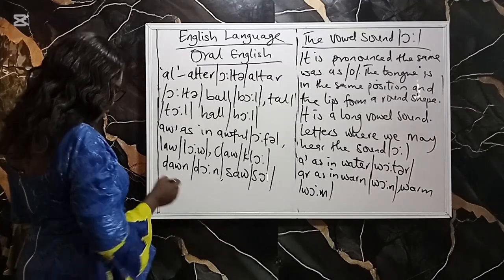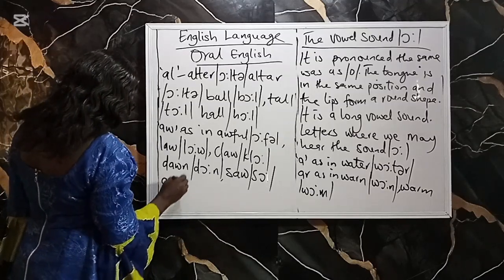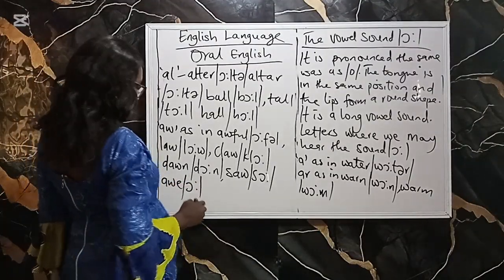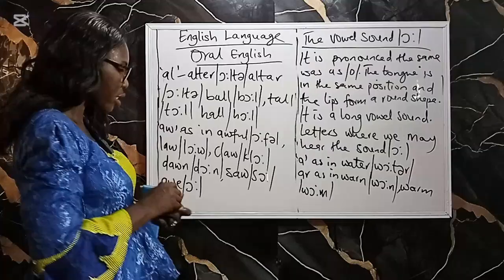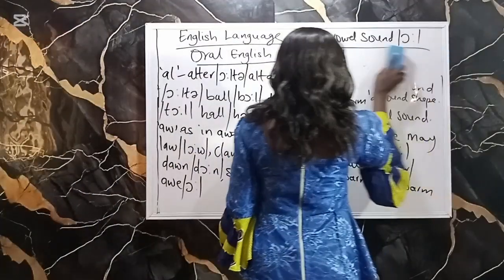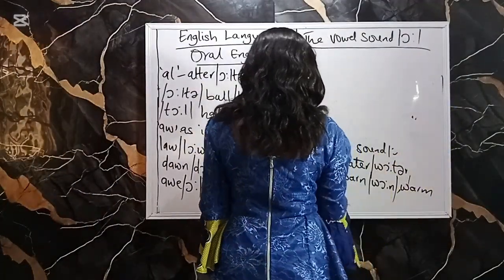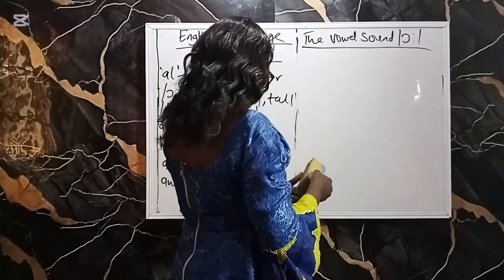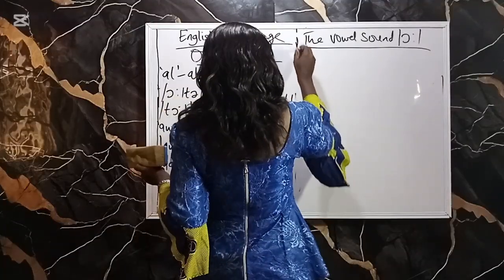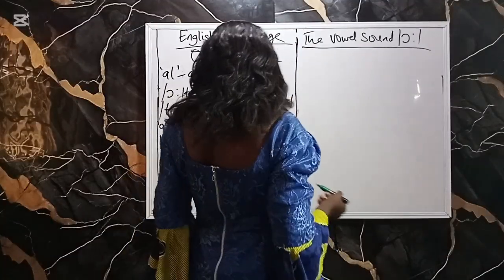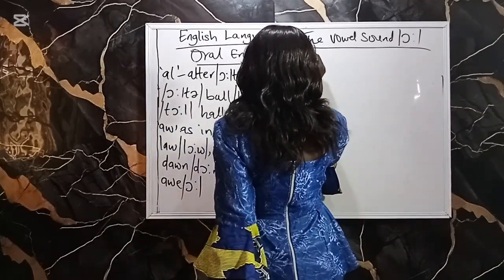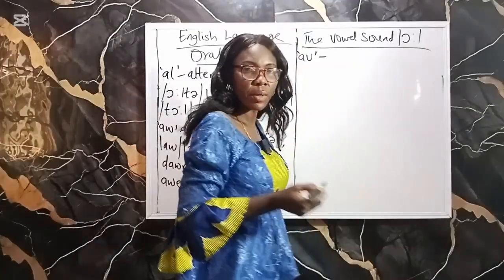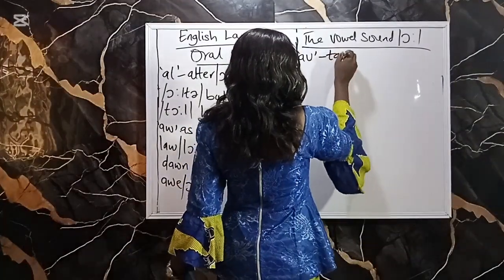Then another place you can hear is or. Please, that is how to pronounce this word, or. So you have this, and so on. Let's check other letters too. Other letters, we can hear it in letter A, U. What do we have in AU? We have words like taught.